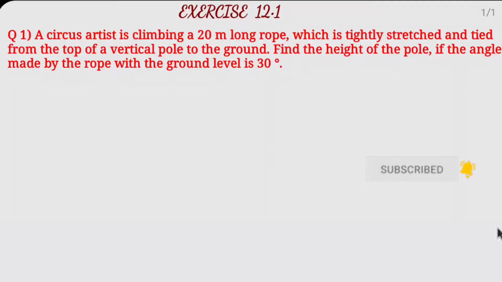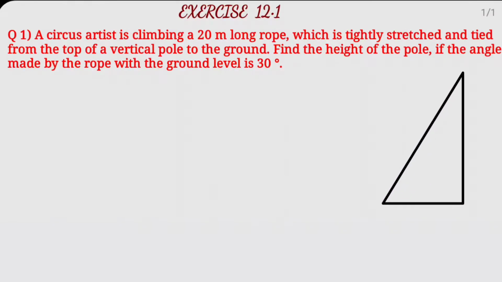So here they have given a 20-meter long rope which is tied from the top of the pole to the ground. So let me draw the figure here. AB is the pole and AC is the rope.